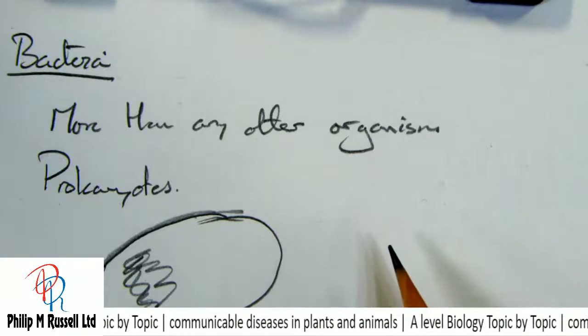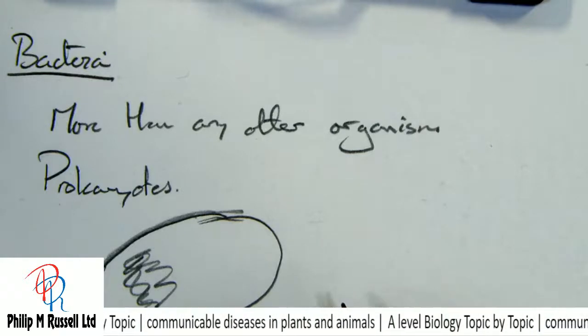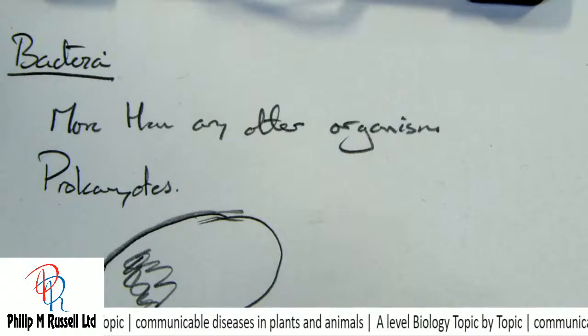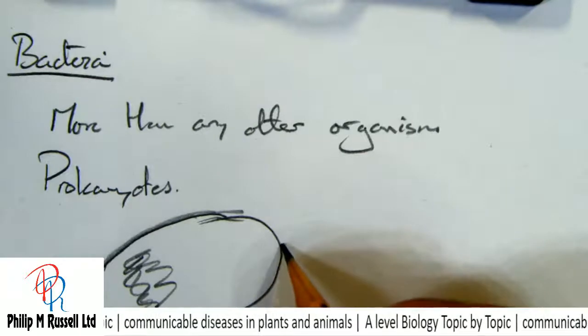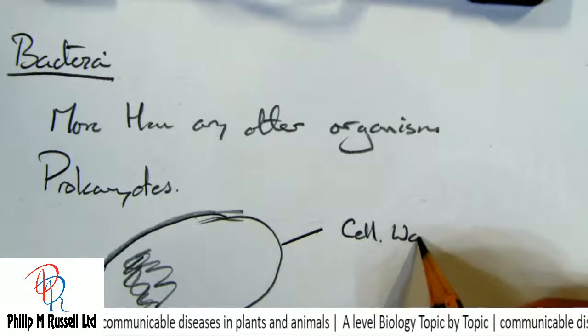So there are quite a lot of different shapes, but basically they come as two sorts, and we identify them with this sort of cell wall.